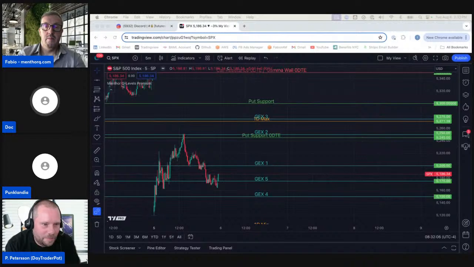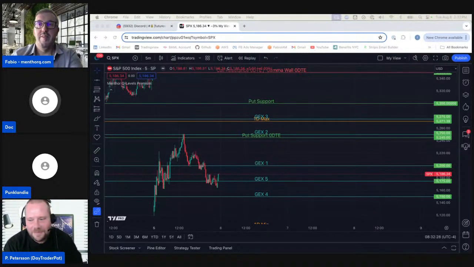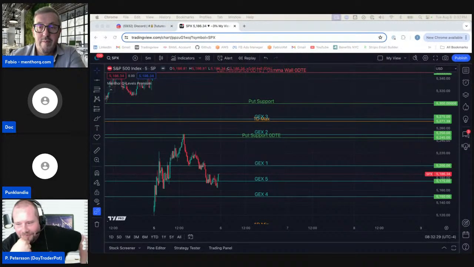Okay, so from yesterday, what I was looking at first and foremost was what was happening to VIX. I want to see what's going on with volatility and how that's affecting the overall structure. Yesterday was not a typical day, so you don't have to look at it quite that closely.